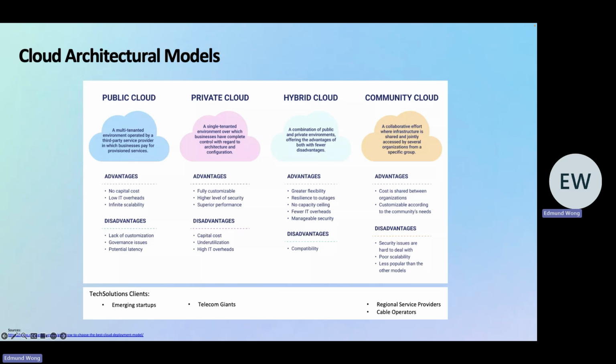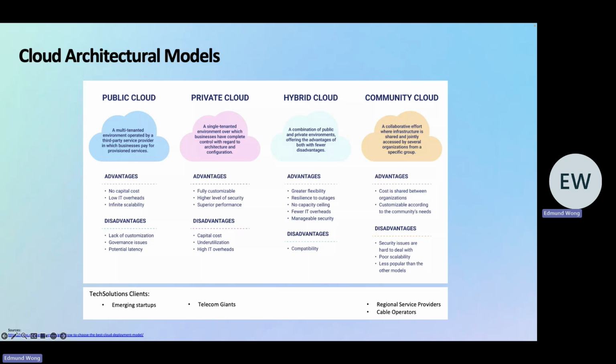Community cloud is a infrastructure where it is shared among different groups of people. So, for say, hospitals would be able to share the same resources for all of them, and without like having too much customization.